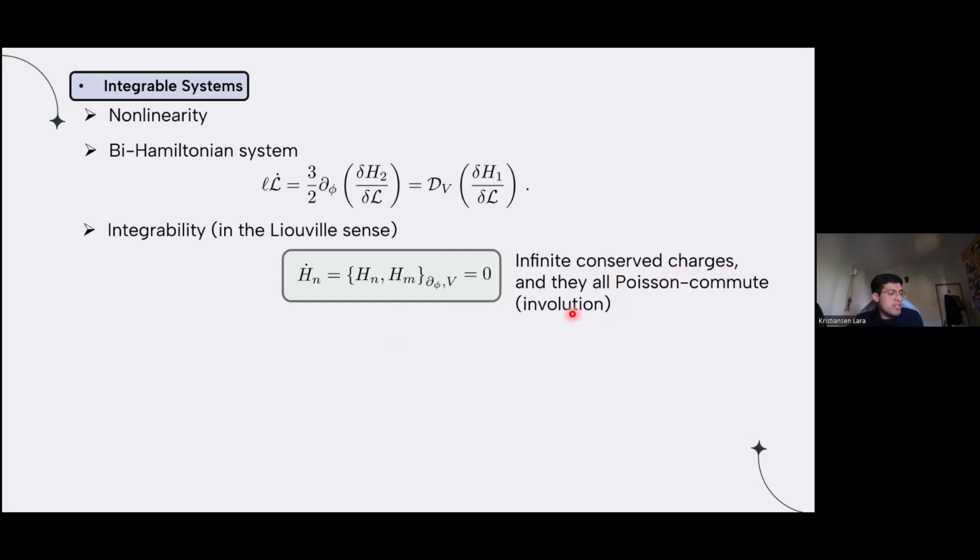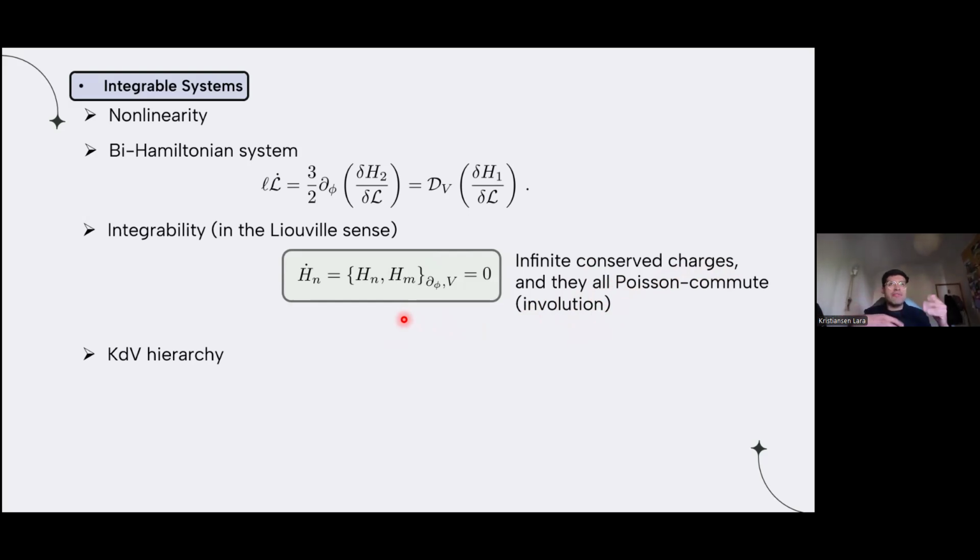Basically, in the mathematical literature, they are referred to as the involutive conserved charges, unveiling the integrability in the Liouville sense of the system. So, heuristically speaking, think about, for example, the Kepler problem. In the Kepler problem, one must integrate the equation of motion. One aims to solve the associated integral. Nonetheless, to solve the integral, one must recognize the energy and the angular momenta, and then you will be able to solve the associated integral of motion.